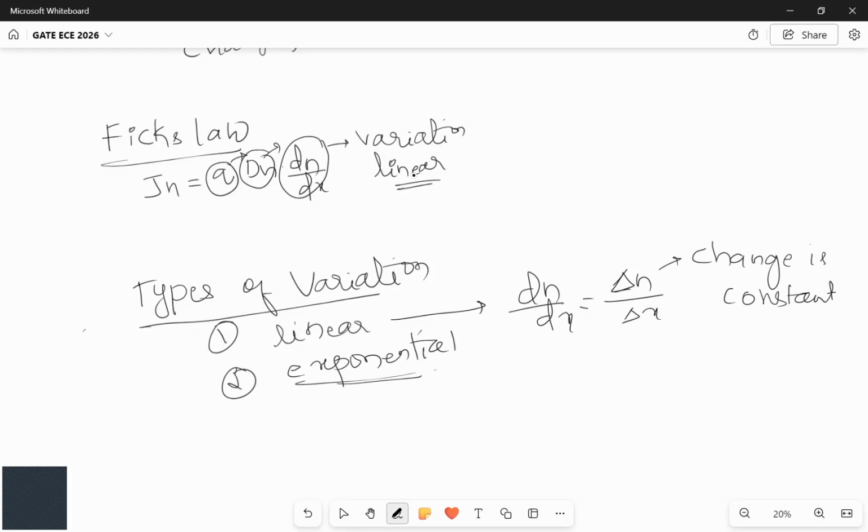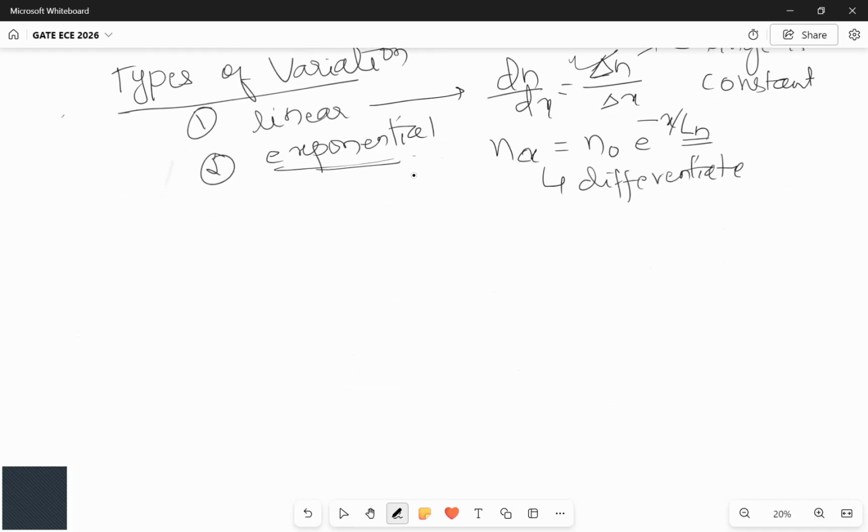In exponential variation, we cannot do this directly. What we have to do is take the concentration expression, where this is the length of that bar, and differentiate it with respect to x to get the variation.